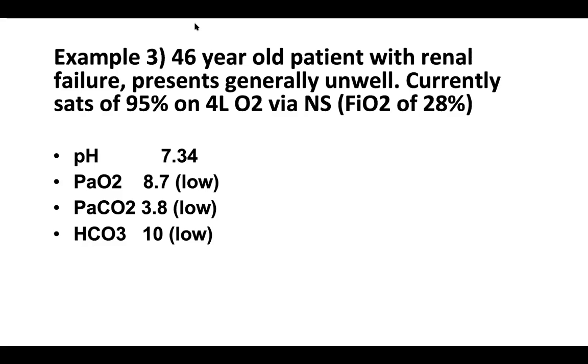And that's completely correct. So the patient is acidotic, and we are trying to treat that with oxygen because their oxygen's still low. We're getting there at 7.34, but we're not quite there yet, but it's a lot better than before. So the final answer is it's almost fully compensated metabolic acidosis because it's a low bicarb as well.